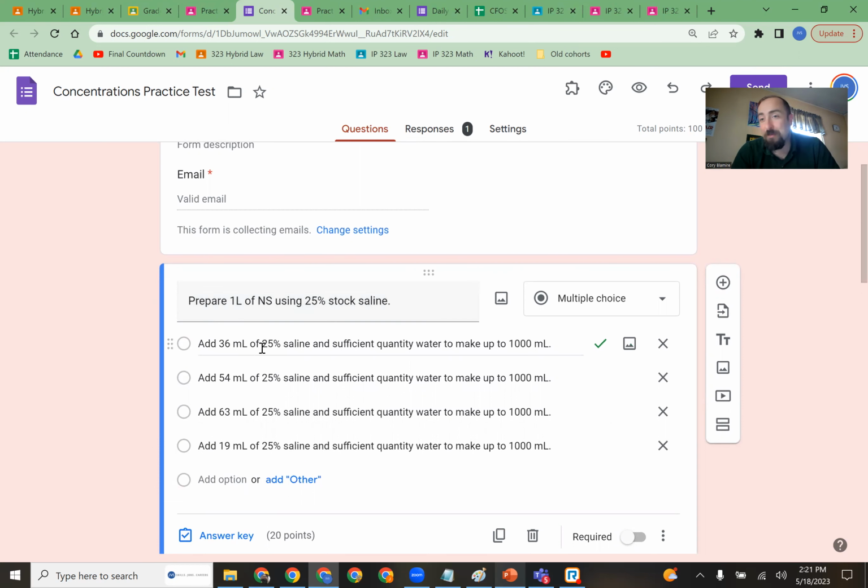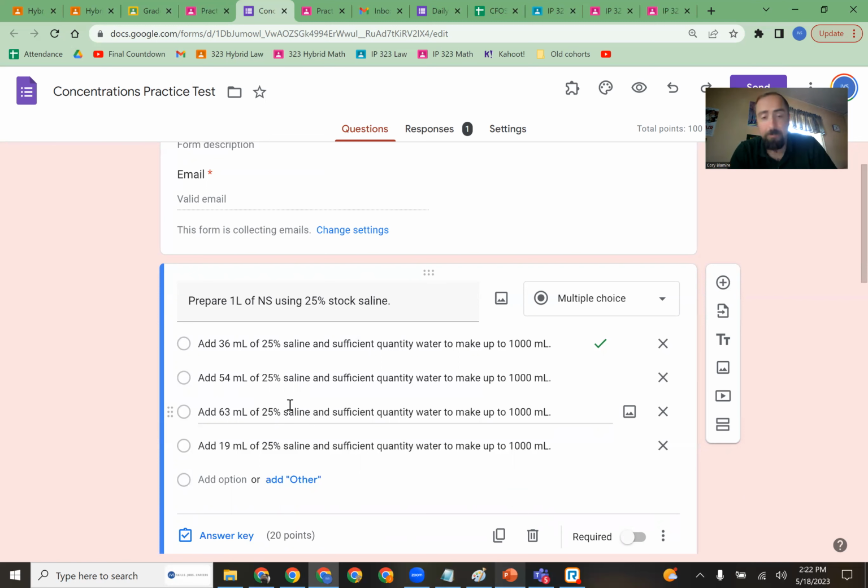I'm going to skip over the first one for reasons that I will explain later, but let's jump to the third one, 63 milliliters. We take 63, and it's 25% saline. So exactly how much saline is in that? Well, it's 25% saline, so 1/4 of that 63 milliliters is salt, is sodium chloride.